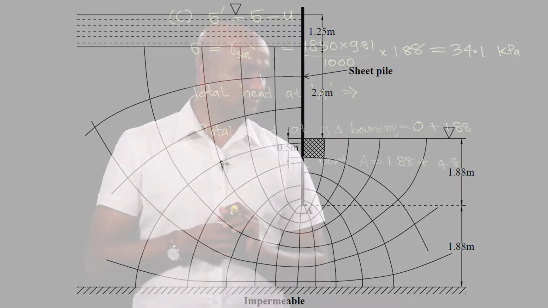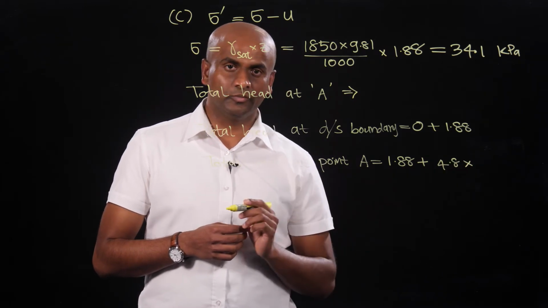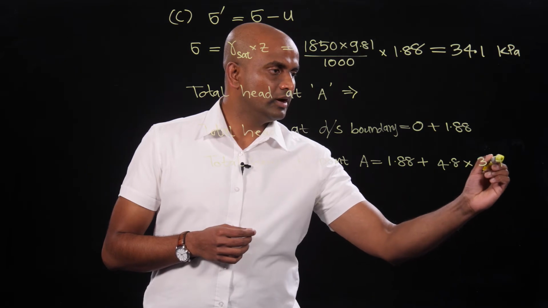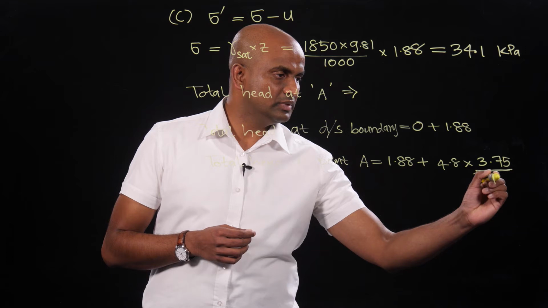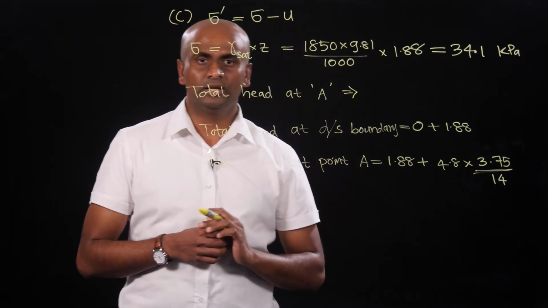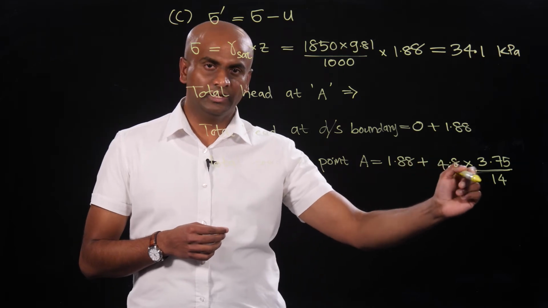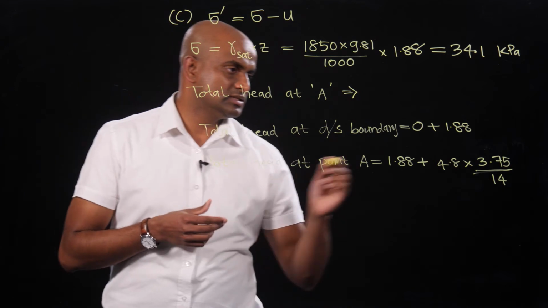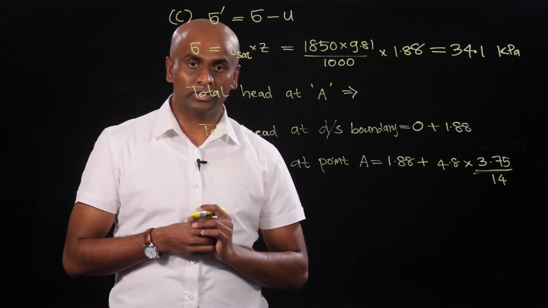So 4 complete head drops plus almost another complete head drop. That will be altogether 4.8 head drops, and per each head drop we know that the head drop is 3.75 divided by 14. That will be the total head difference between any two equipotential lines, and then we have 4.8 of those. Since we are calculating from the downstream side, it has to be added to the downstream total head.